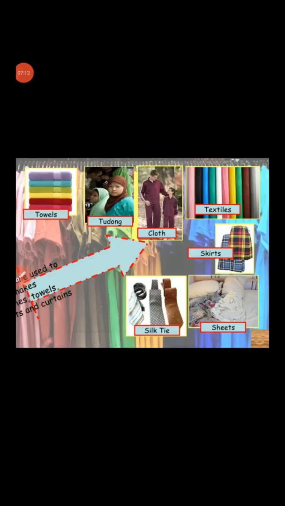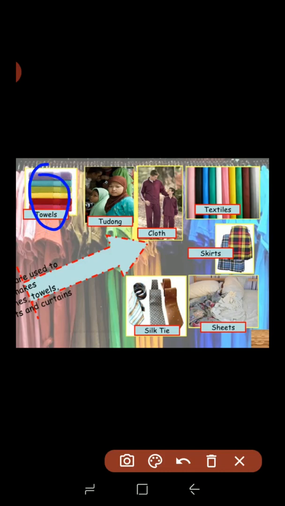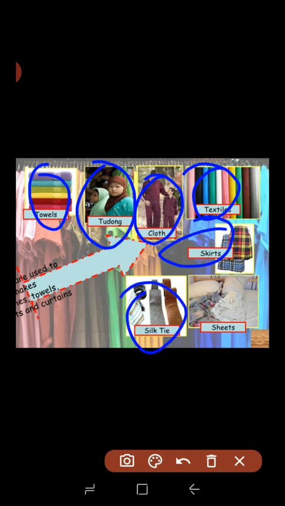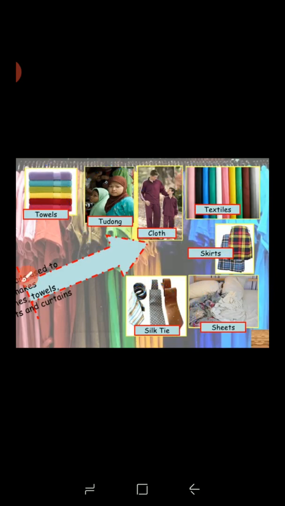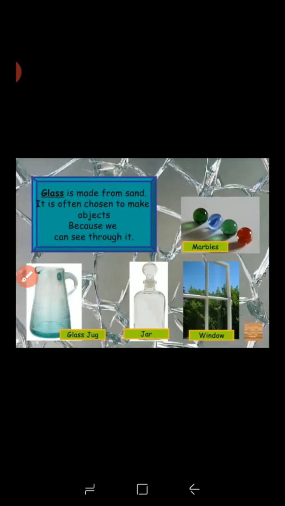So here we have some clothes, that is towels, clothes, textile, skirts, silk tie and sheets. All are made from, as you can see, cloth or fabrics. Fibers are used to make this kind of things. Then glass.